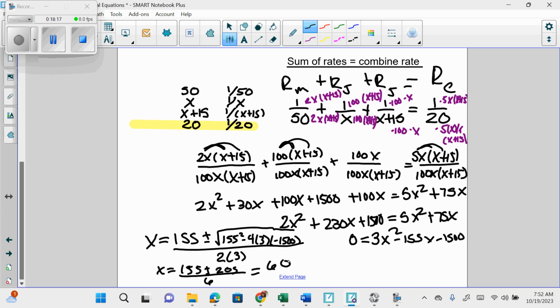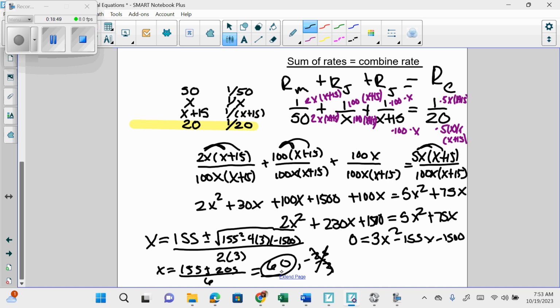This is going to give me a negative number, which again would not work because x stands for the time in minutes in which Jenny plants a plot, so we wouldn't have a negative time in minutes. That ended up coming out to be negative 25 over 3, I believe. So that would not work because we can't have negative minutes.